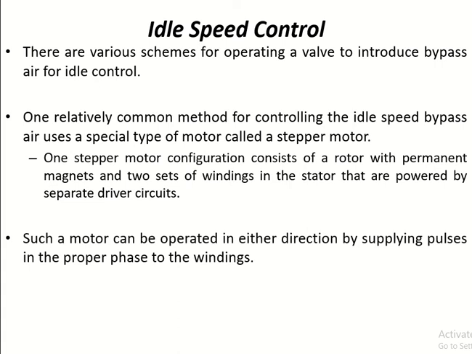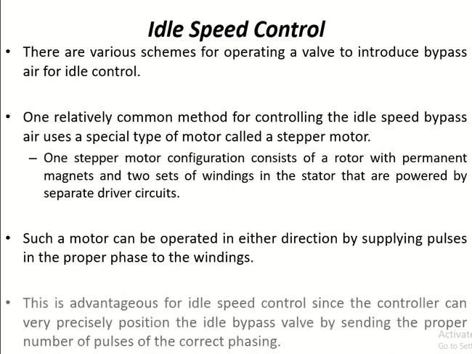Such a motor can be operated in either direction by supplying pulses in the proper phase to the windings. This is advantageous for idle speed control since the controller can very precisely position the idle bypass valve by sending the proper number of pulses of the correct phasing.